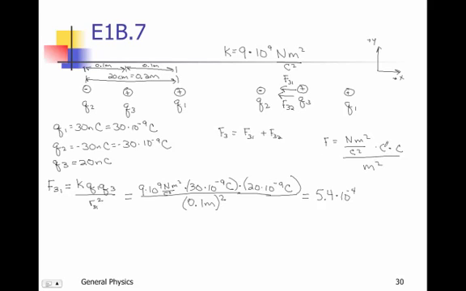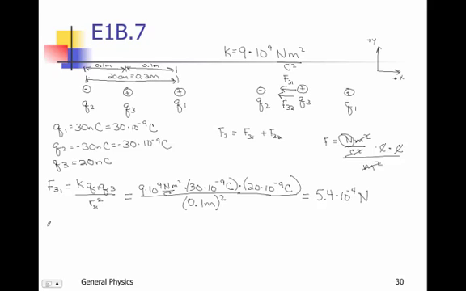If I want to cancel my units, these cancel with this Coulomb squared, and I have meter squared on the top and meter squared on the bottom. So all I'm left with is newtons, which would make sense for a force. So there's newtons.